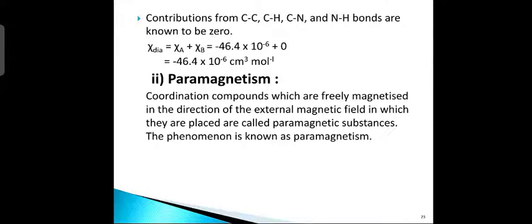Then contributions from carbon-carbon single bond, carbon-hydrogen single bond, carbon-nitrogen single bond, nitrogen-hydrogen bonds are known to be 0. Okay, they are considered as 0. So this value χA is minus 46.4 into 10 to the power minus 6 plus 0, that is equal to minus 46.4 into 10 to the power minus 6 cm cube per mole. Okay.